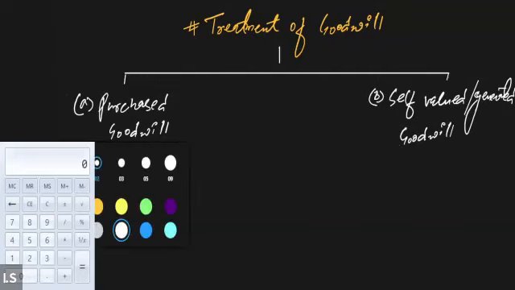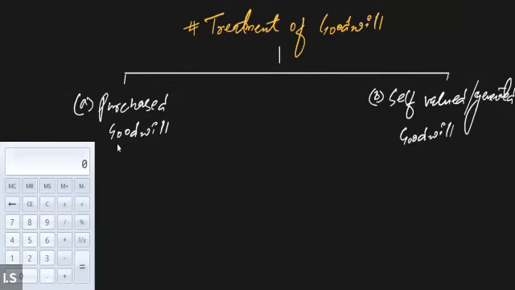If it is the purchased goodwill, listen to me very carefully. The rule of reconstitution simply says that if it is purchased goodwill and reconstitution is taking place in the partnership, then purchased goodwill should be written off from the books of account.